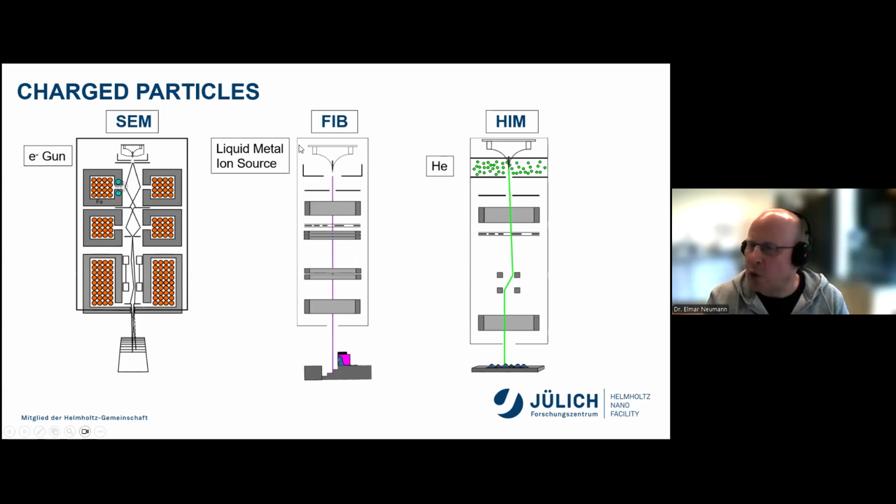While we are working with SEM in most cases, it's also possible to use other charged particles apart from electrons. For example, a focused ion beam, an ion beam made of individual metal atoms. So instead of an electron source, you have a liquid metal ion source.